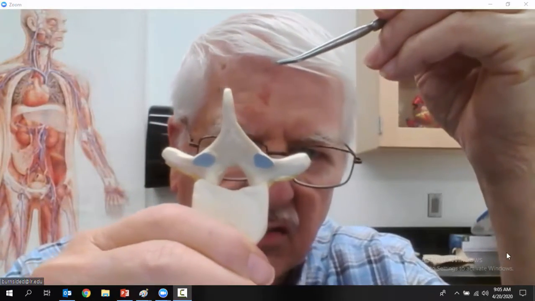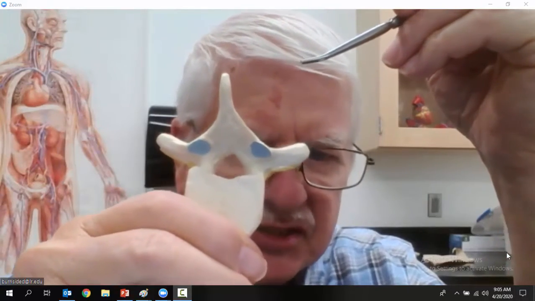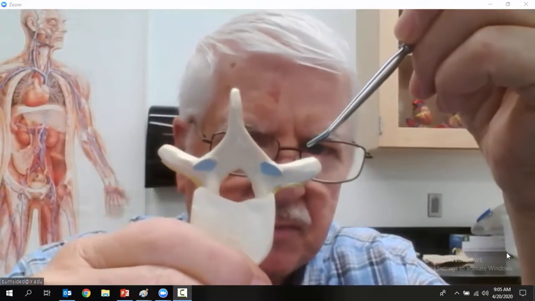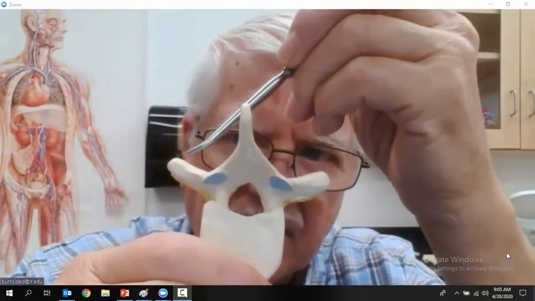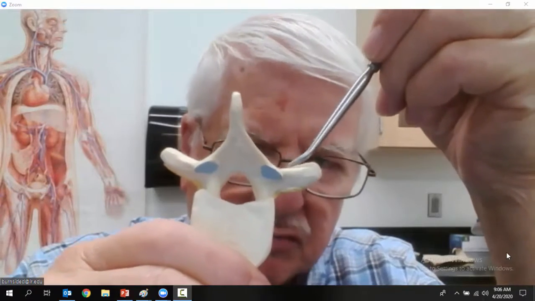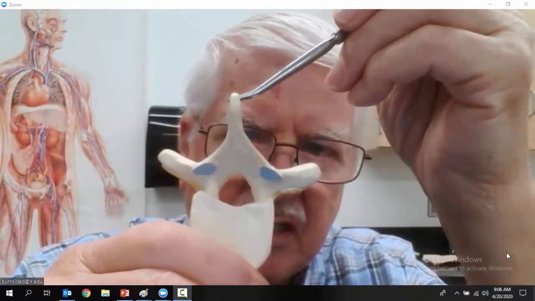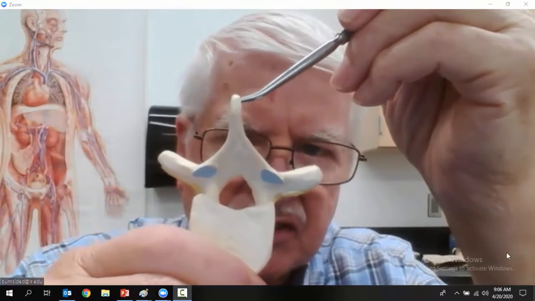Whenever anything sticks out on a bone, they call it a process. The ones on the side are called transverse processes, and the one on the top is called a spinous process.